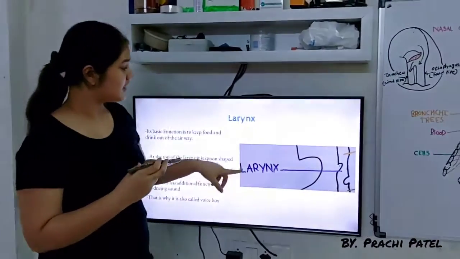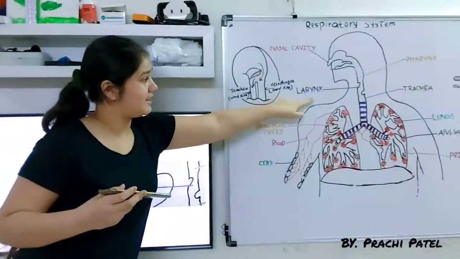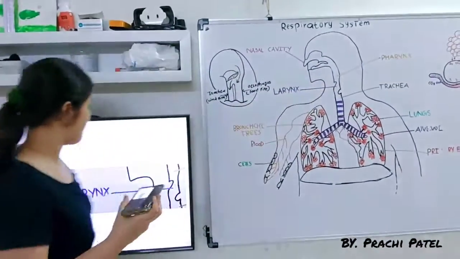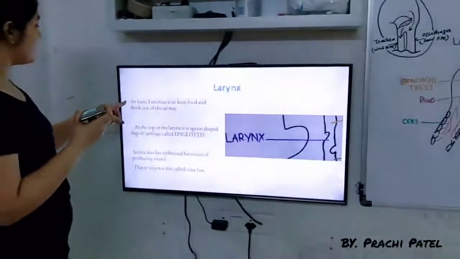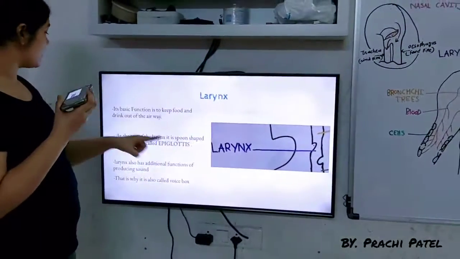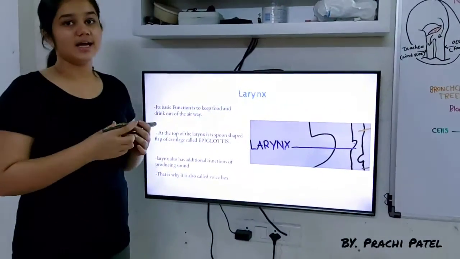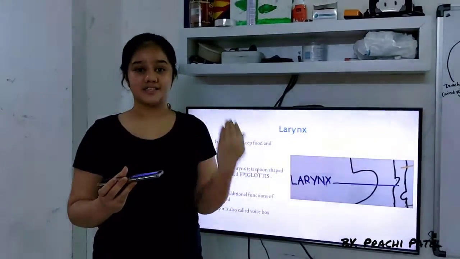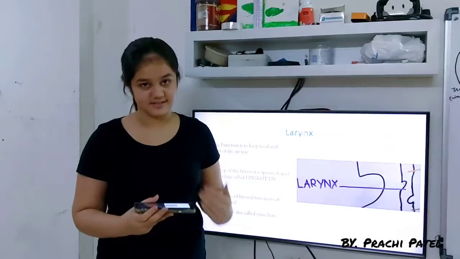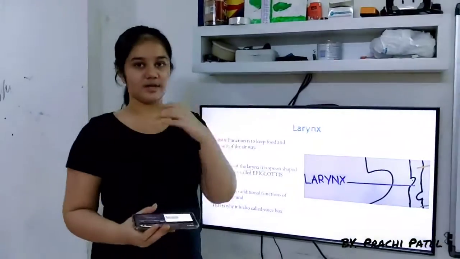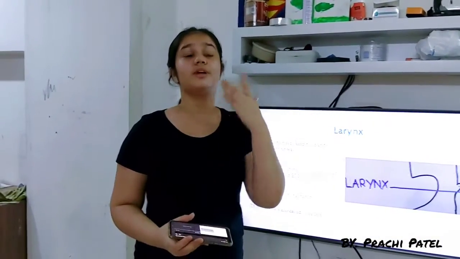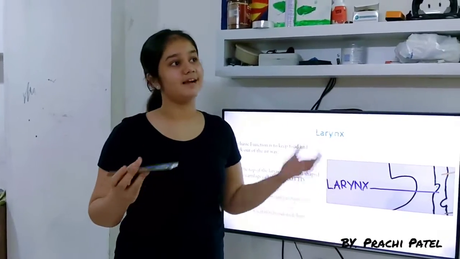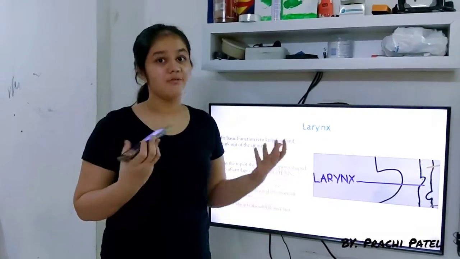Larynx. The larynx is after the pharynx, which is right over here. Its basic function is to keep food and drink out of the airways. You know what it does? It separates the digestive system and the respiratory system. People say that we shouldn't talk while eating. Why is that?